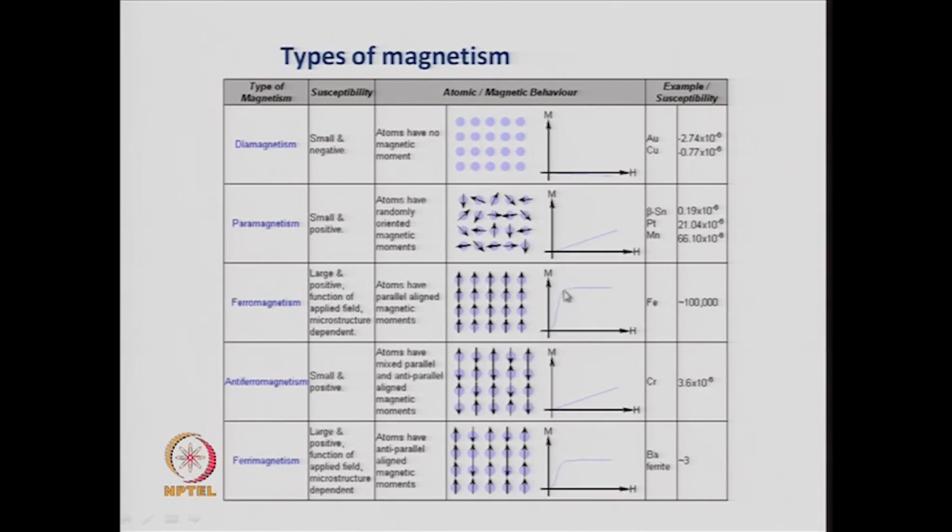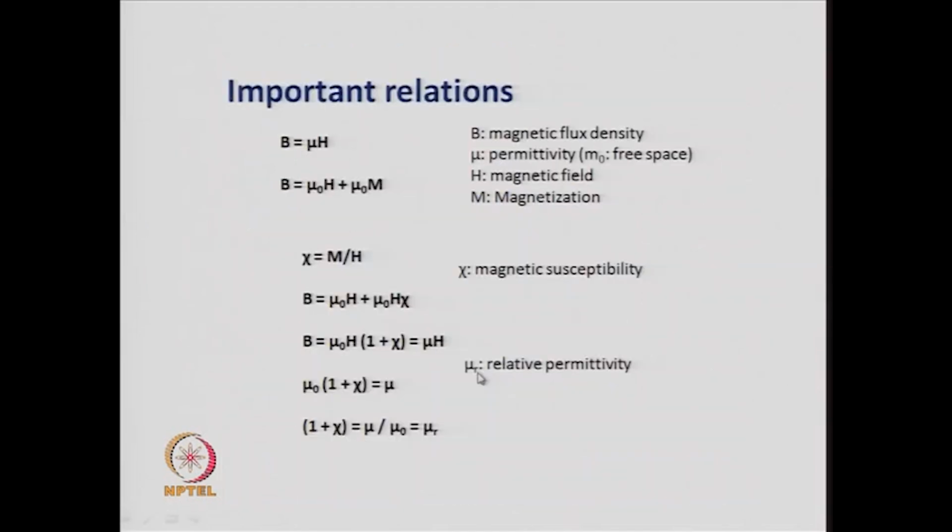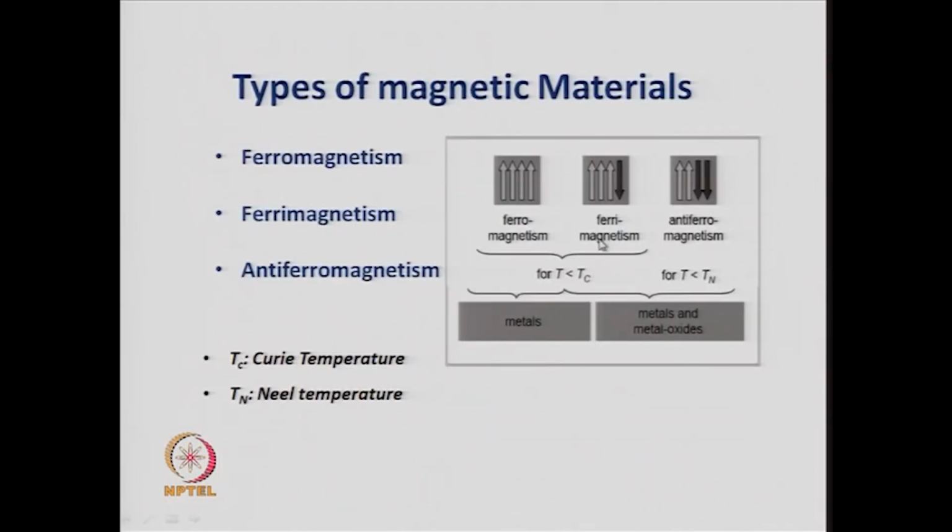That maximum magnetization is attained when all the moments are aligned in the direction of the magnetic field. And antiferromagnetism is when the moments are opposite to each other. So, in ferromagnetism the moments are aligned together, in antiferromagnetism the moments are opposite to each other.